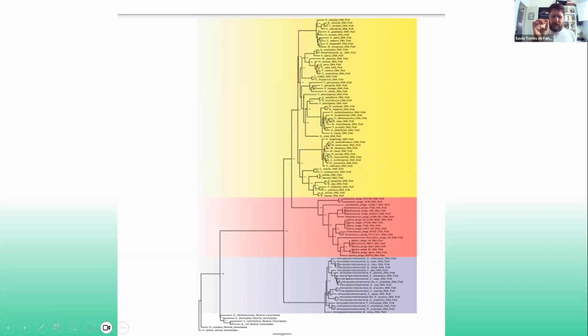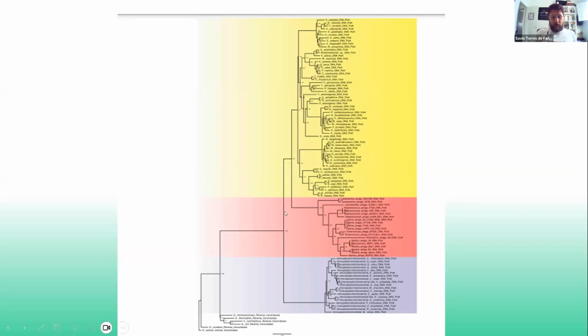Just to remember, this is the A family. The A family is found in the mitochondria and in the other bacteria. But in regular bacteria, this polymerase participates in the maturation of the Okazaki fragments, not in the replication of the main genome. But in the mitochondria, this polymerase replicates the mitochondrial genome.